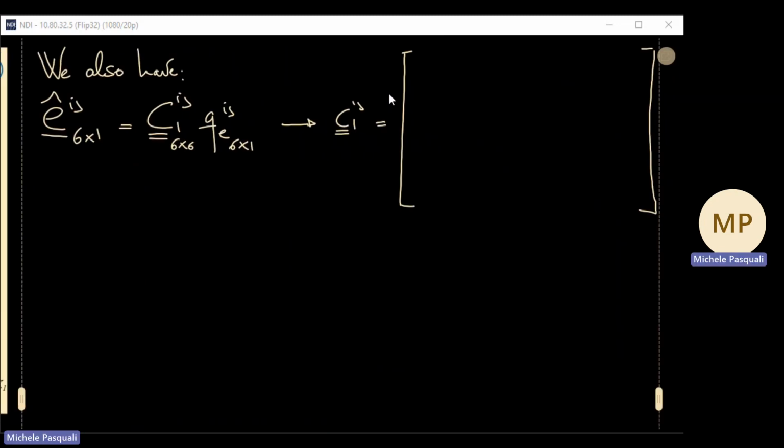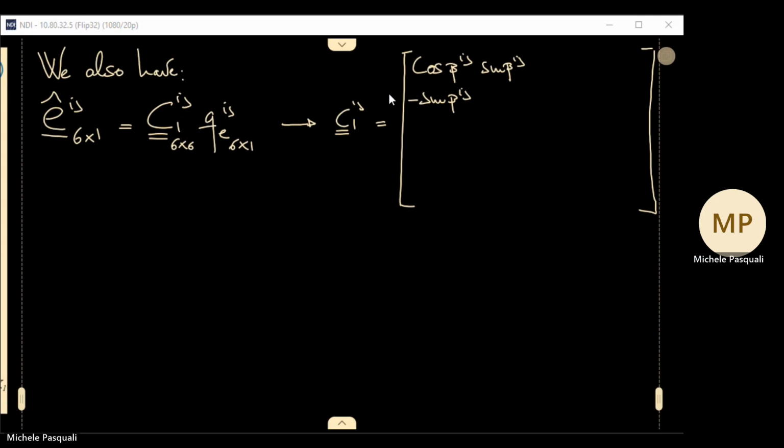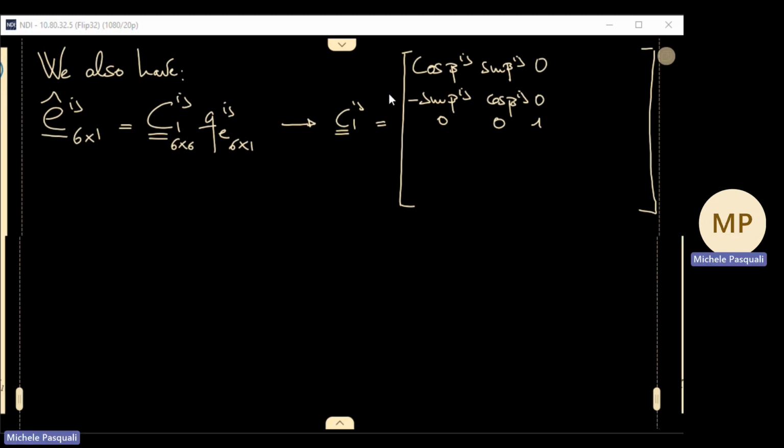If you do it, you get the relationship as such, and this is for the first node.